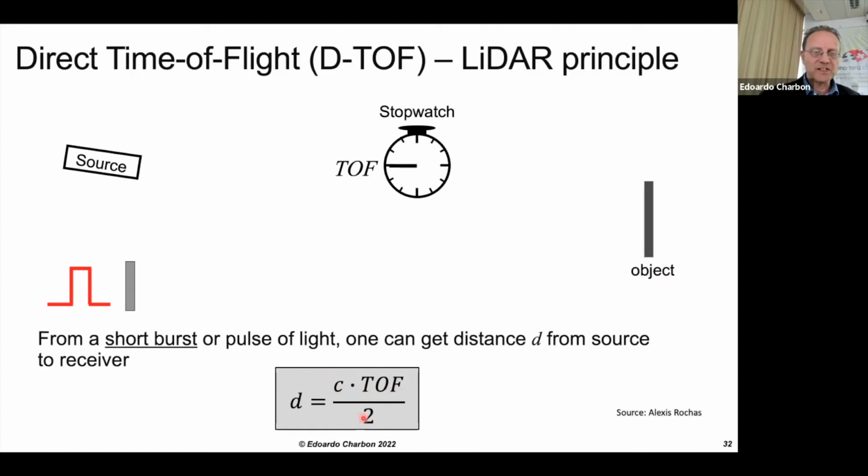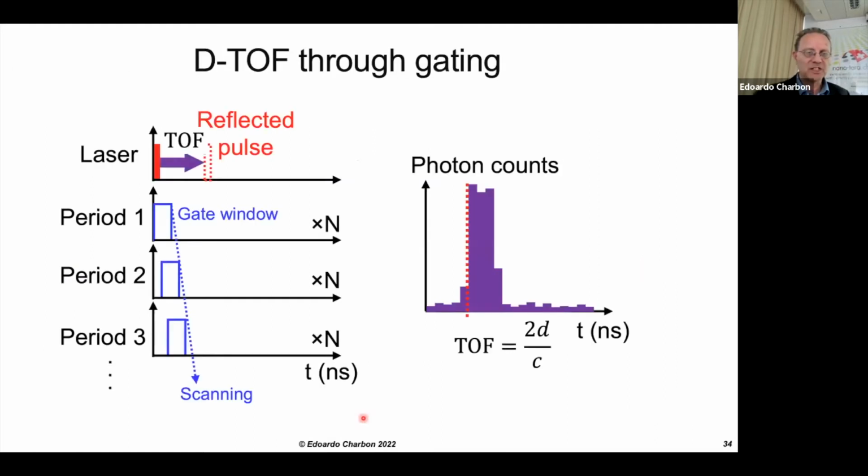So the theory is easy, but the implementation is not so easy, especially if you have 1 million detectors and cannot implement the TDC on each detector. So what we've done is construct a gate-based device where we divide the time into sections, and any reflection is going to be detected and used to reconstruct the response of the detector in terms of a histogram.